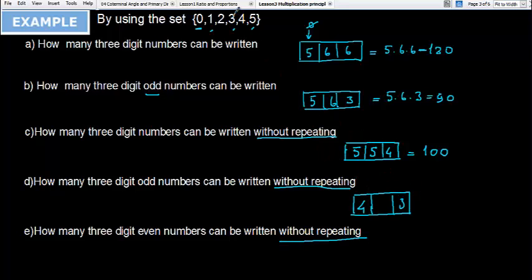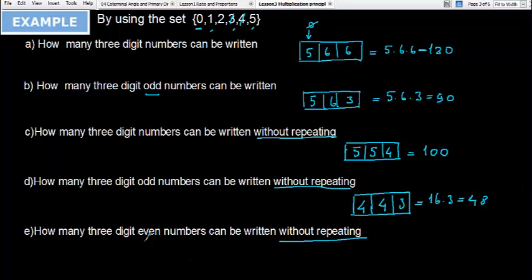Let's say we used 3 and 4. Then we have 4 possible cases for the second digit. So the answer is going to be 4 times 4 times 3, which is equal to 16 times 3, and that's going to be equal to 48.